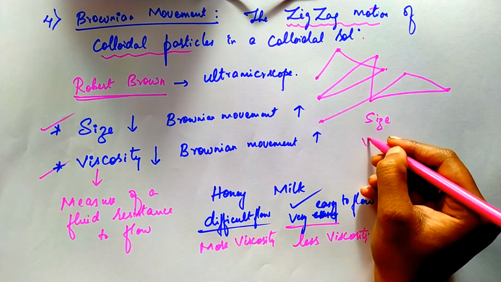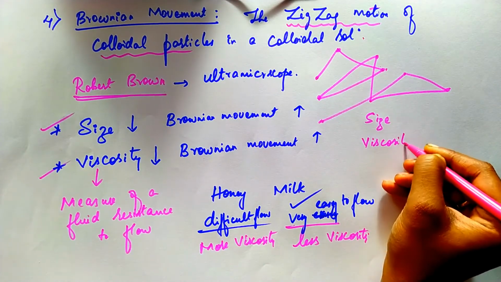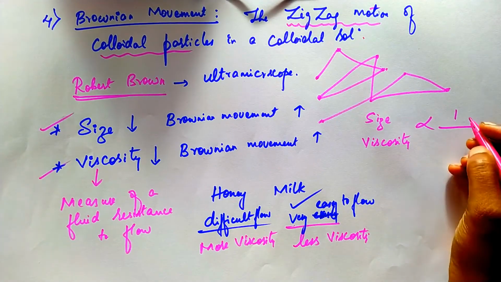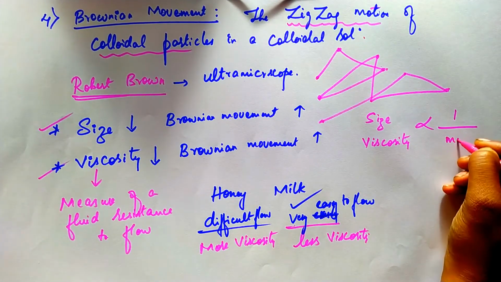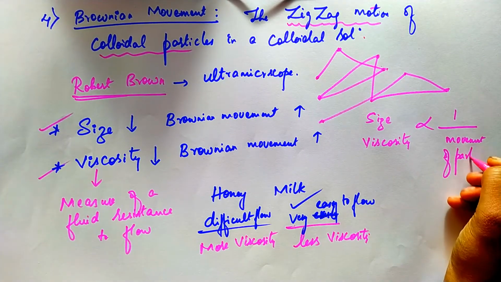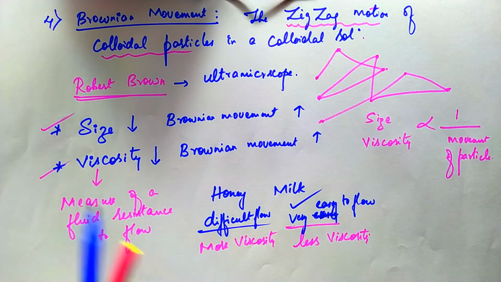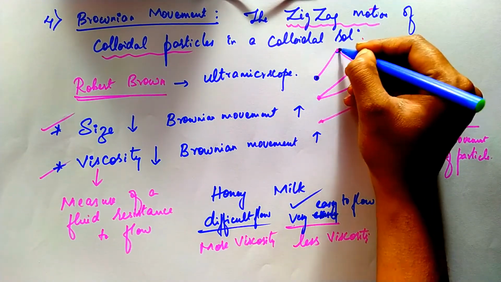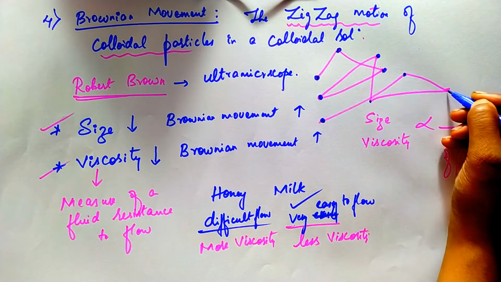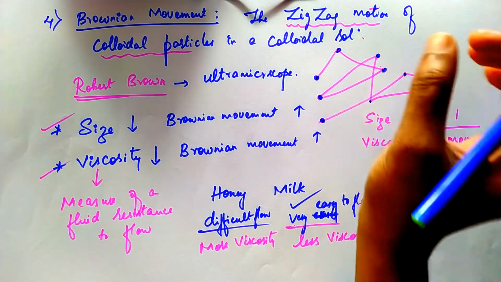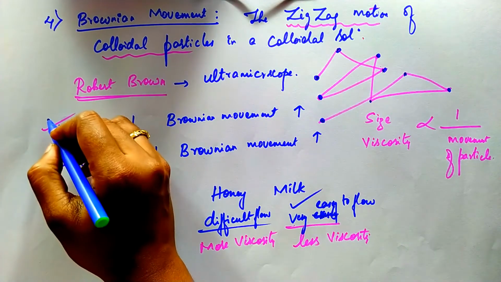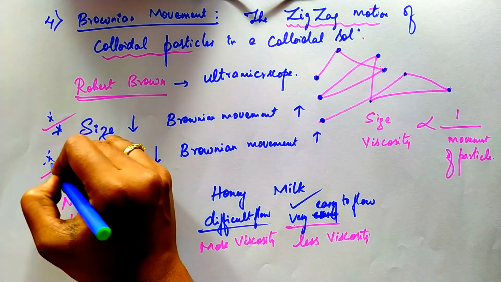The zigzag motion of a particle will be maximum only if the particle size is very small and the viscosity is very low. This is the important point here, size and viscosity.